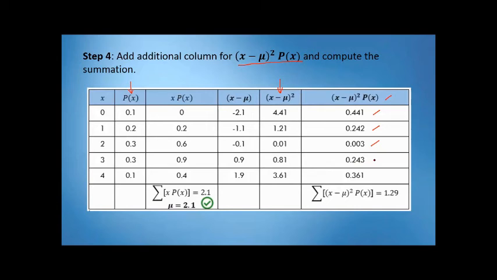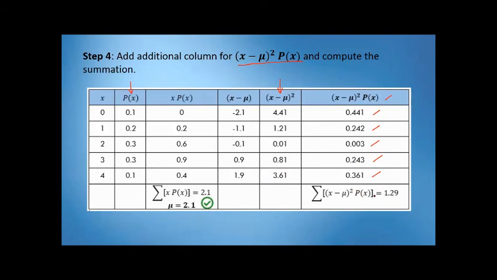0.243. Then last, 3.61 times 0.1 is 0.361. Once we have the values of this column, we add them up, and the summation is 1.29.